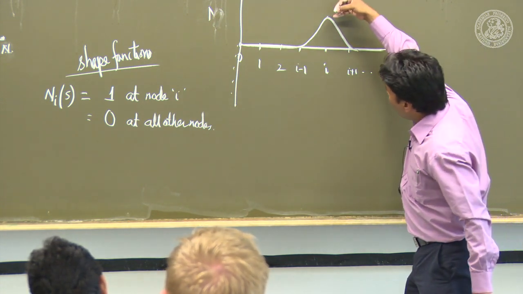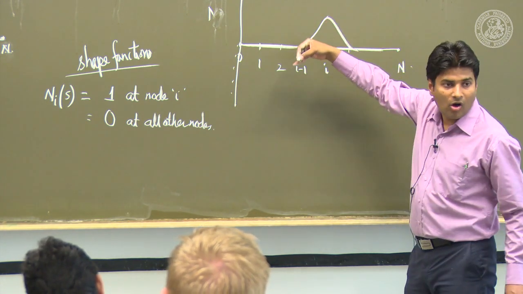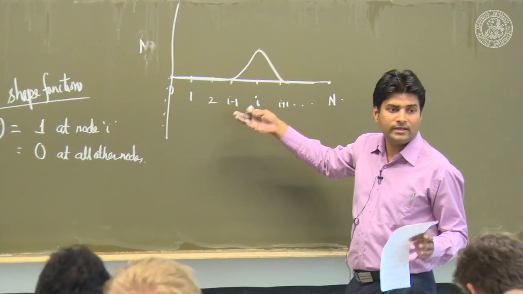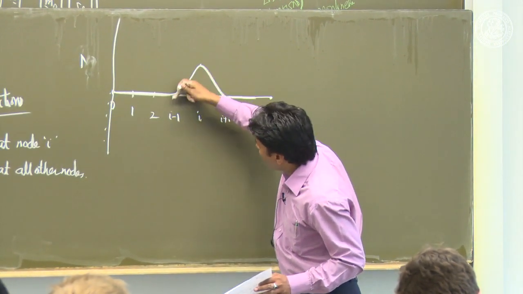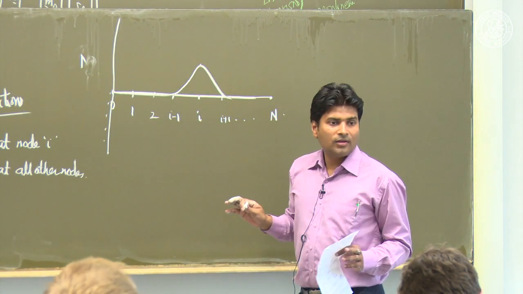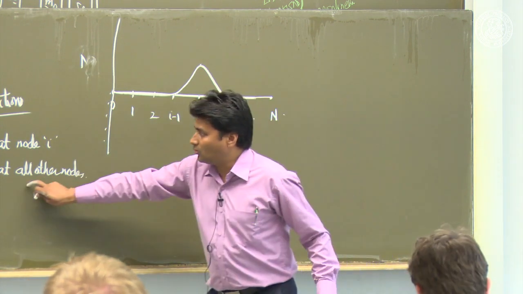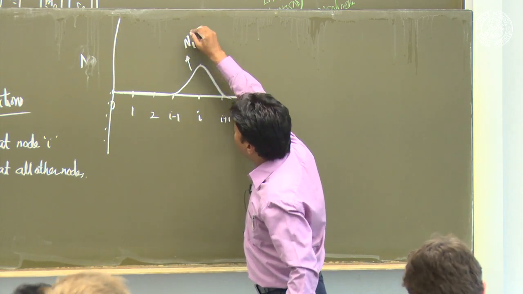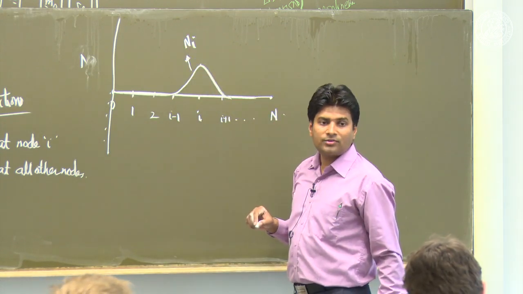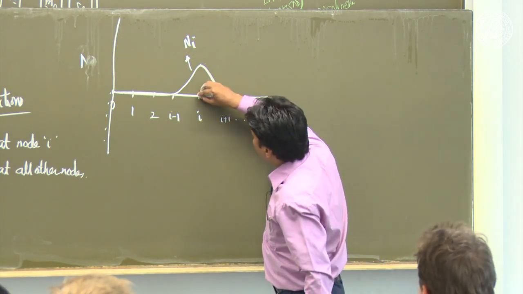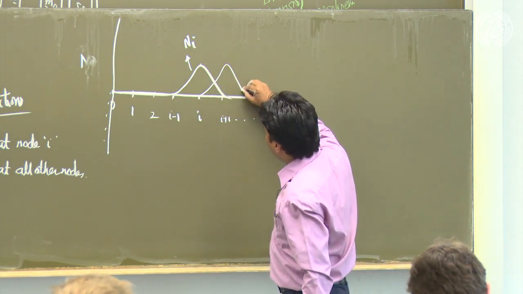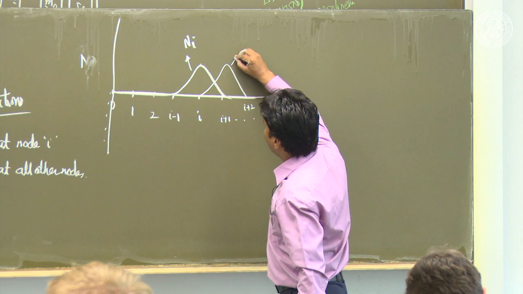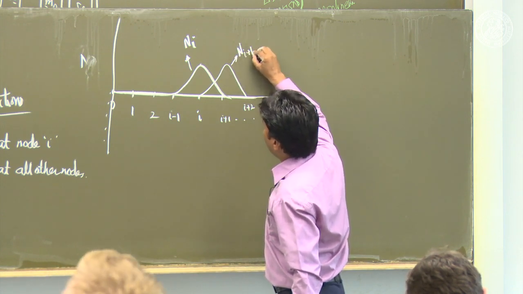And it could be varying linearly over here or in a nonlinear fashion, depends on the shape function. If you have a linear shape function, then it is going to vary linearly over here, but it will always follow this rule. So, that is your shape function N_i. If you talk of shape function N_i plus 1, then it is going to be something like this.